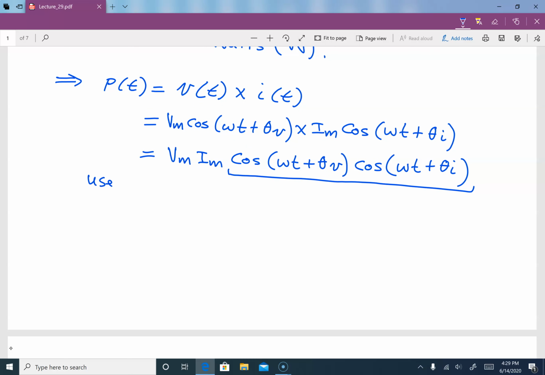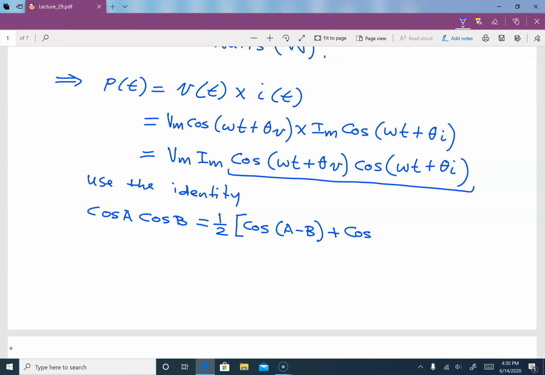So we use the identity cosine A times cosine B equals 1/2 multiplied by cosine of A minus B plus cosine of A plus B. Here, omega t plus theta v we consider as A, and omega t plus theta i we consider as B.